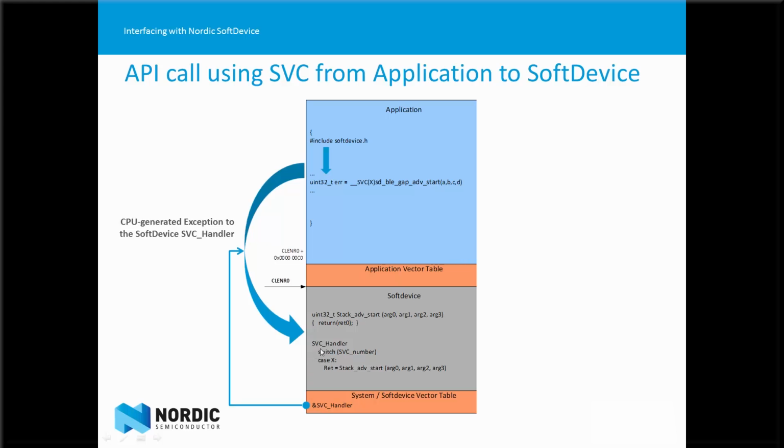Inside the SVC handler we check the SVC number, here in this case X, and this will forward the call to the function inside the SoftDevice.